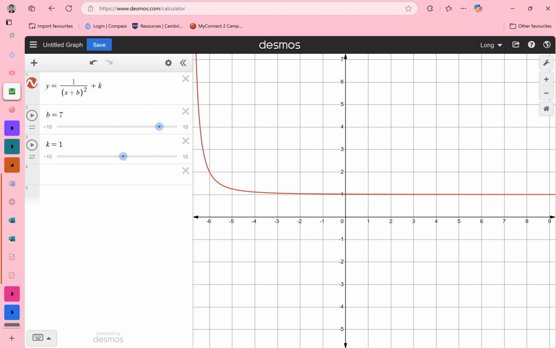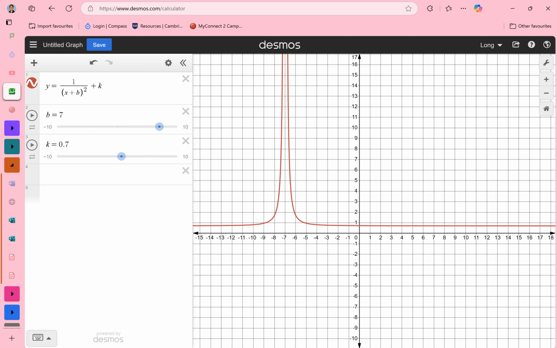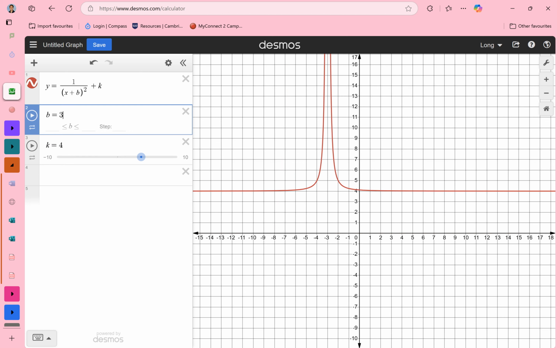When k, so that's your vertical translation, if I change that, it goes up and it goes down. So in our case, we wanted k to be 4, because we said up by 4. We wanted b to be x plus 3.